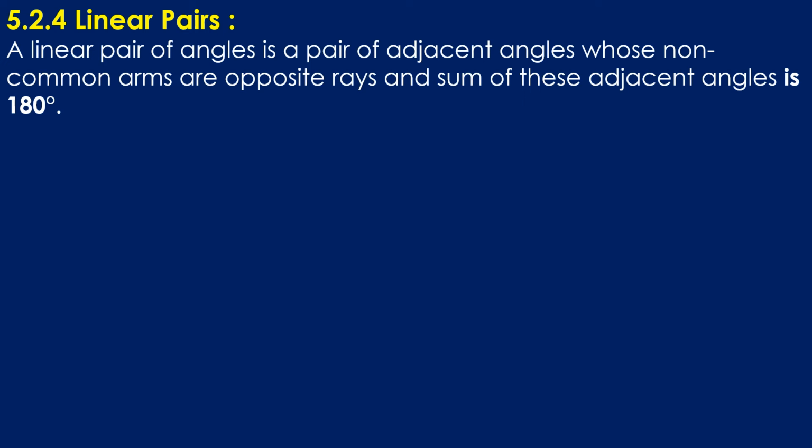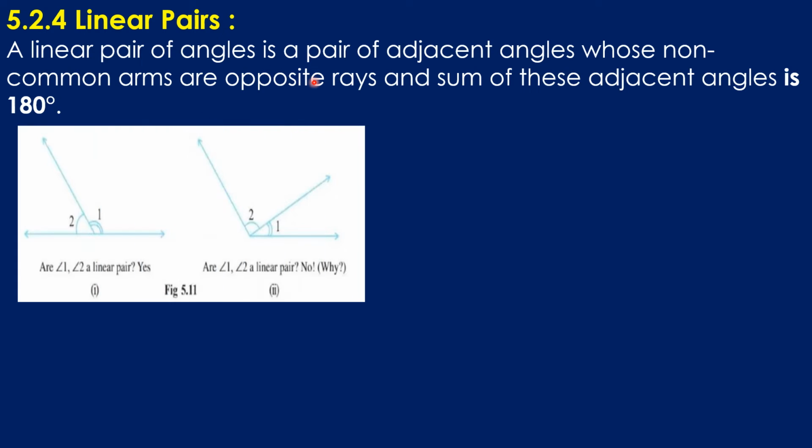The next related angle is the linear pair. A linear pair of angles is a pair of adjacent angles whose non-common arms are opposite rays, and the sum of these two adjacent angles is equal to 180 degrees.